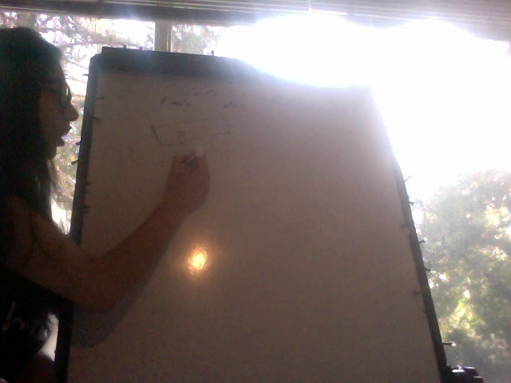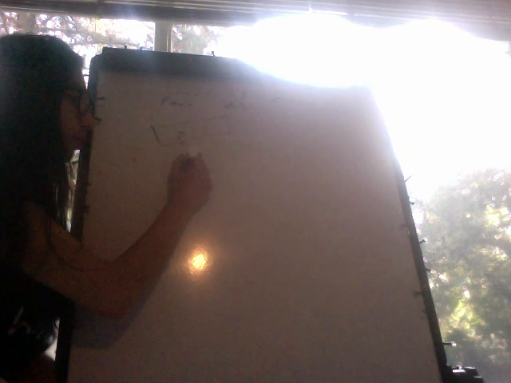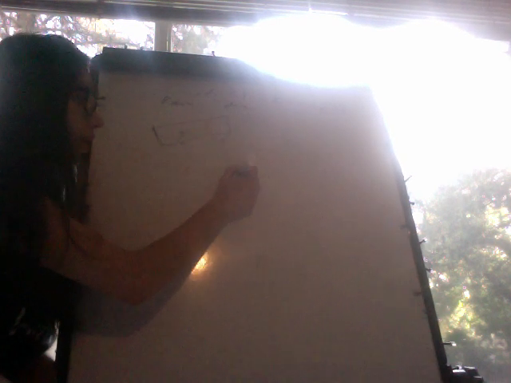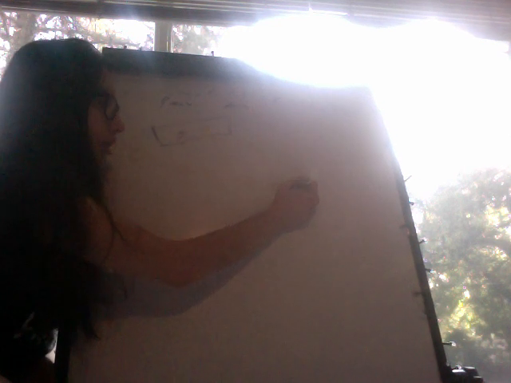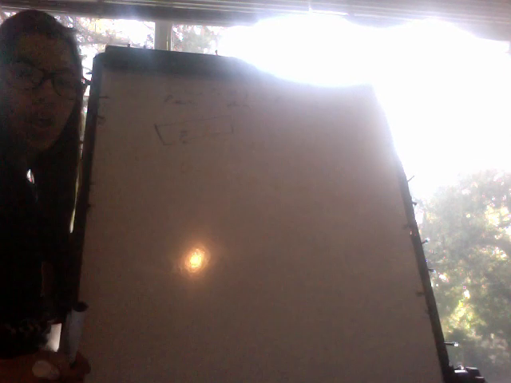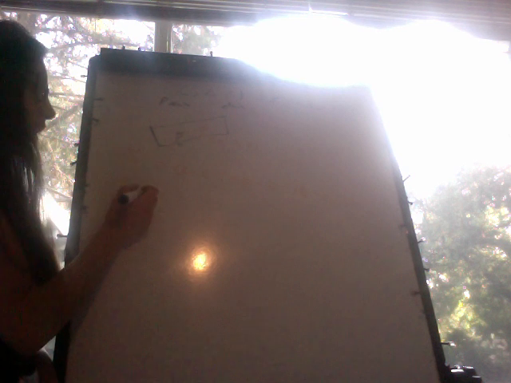So it would be x minus x naught i plus y minus y naught j plus z minus z naught k. This is the vector with components from P0 to P.